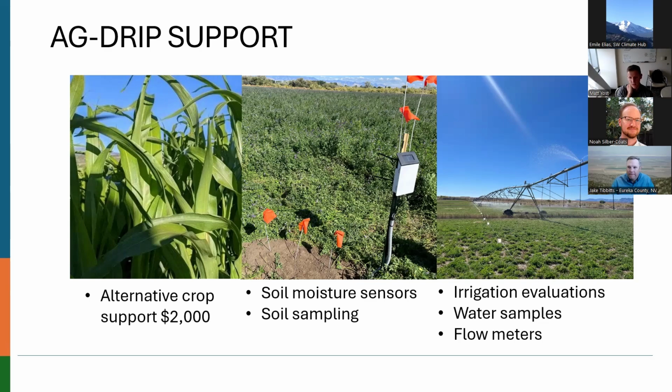We also do irrigation evaluations. So we evaluate their system to see how their pivot, wheel line, or surface irrigation is performing and help them know where they can improve. We provide a flow monitoring device with telemetry for 5 years to help farmers get into the practice of monitoring water use and then also sharing that information.